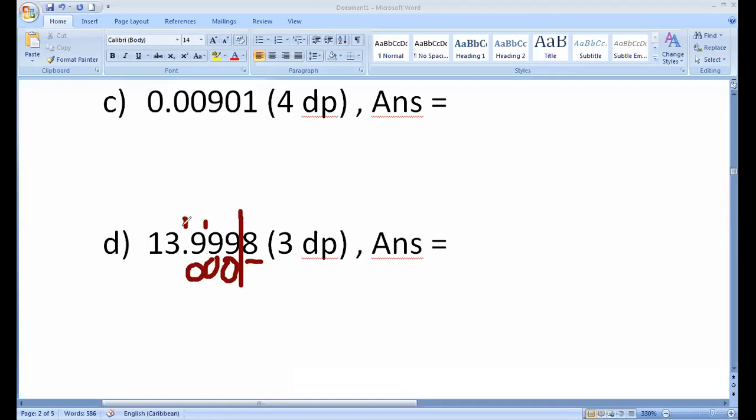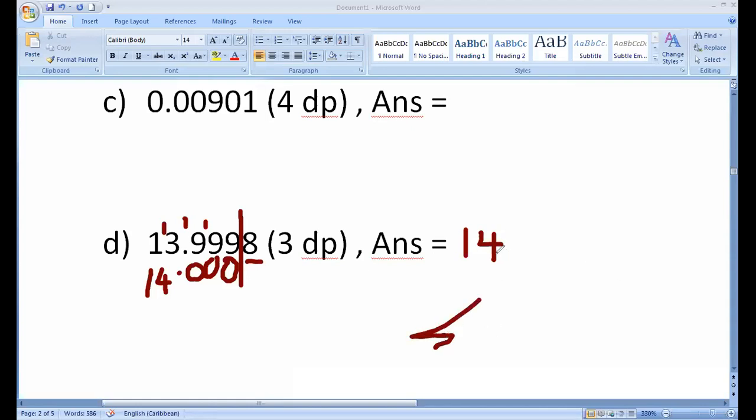And this one now carries over to the 13, which makes 14, and 3 plus 1 will give you 4. So the answer is actually 14.000.